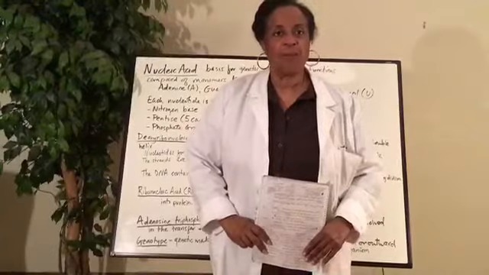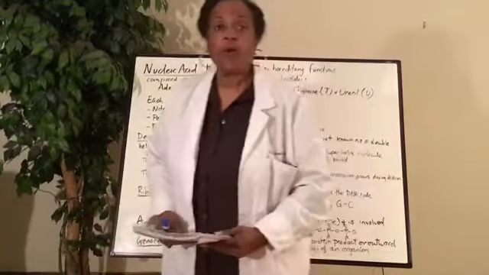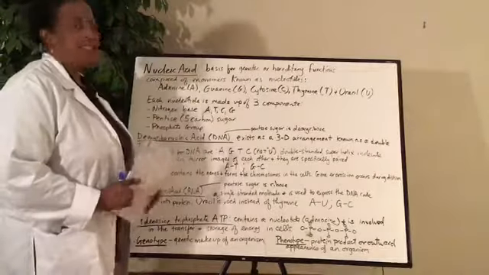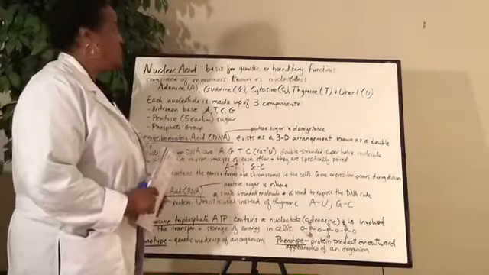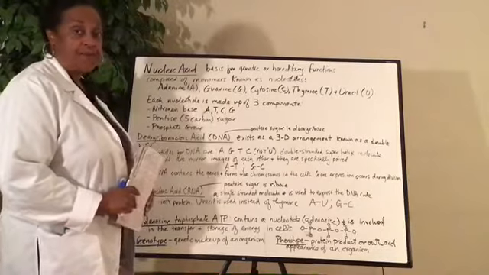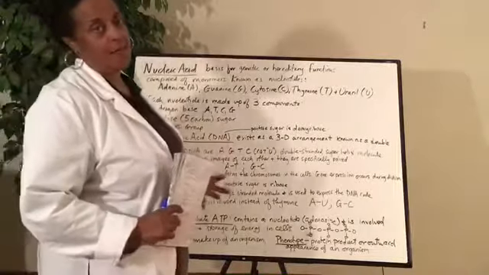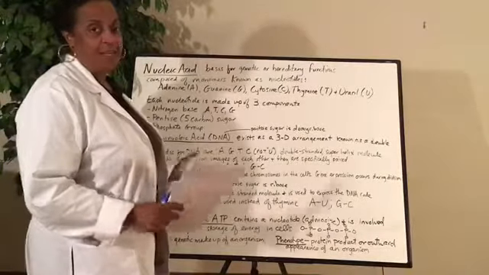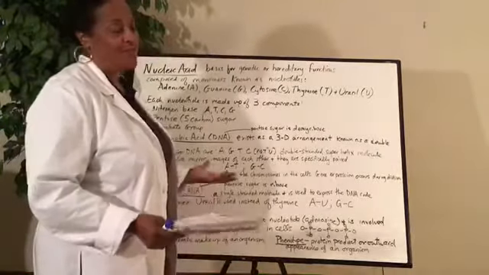Okay, let's wrap up this chapter, ending with nucleic acids. Nucleic acid is the basis for genetic or hereditary function. Nucleic acids are what make every living thing what it is specifically.